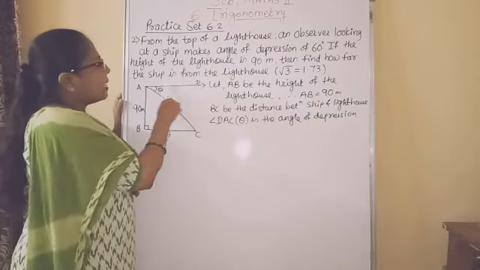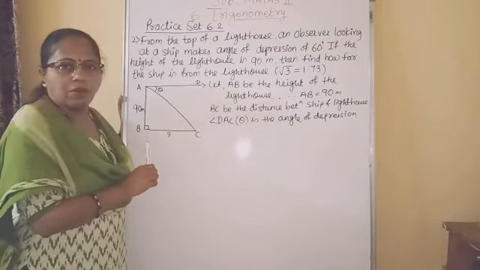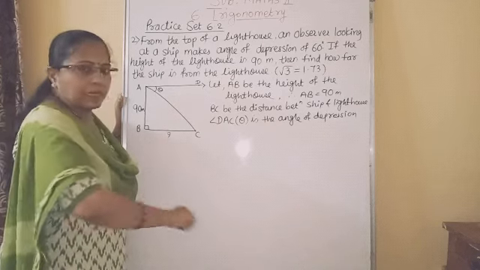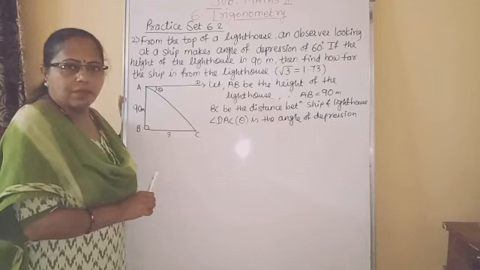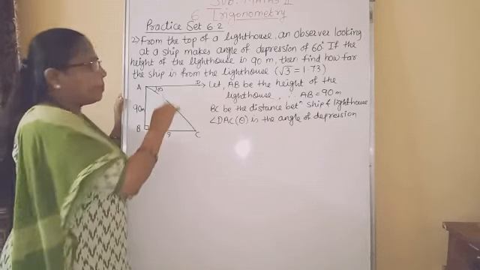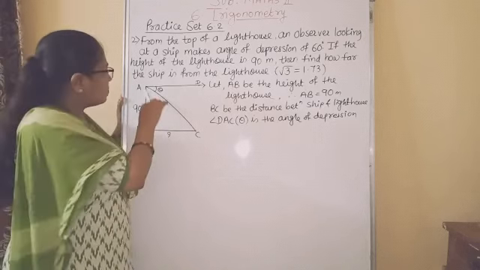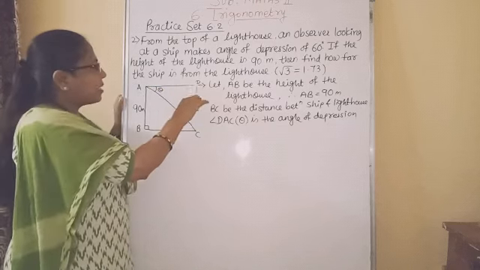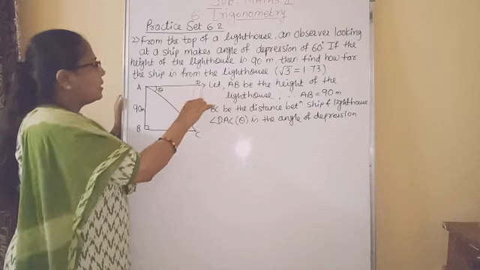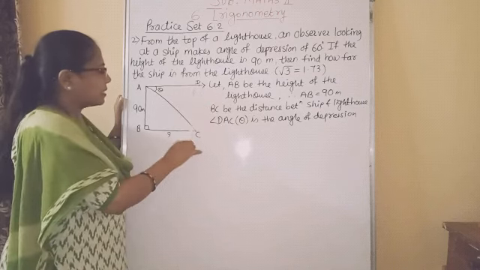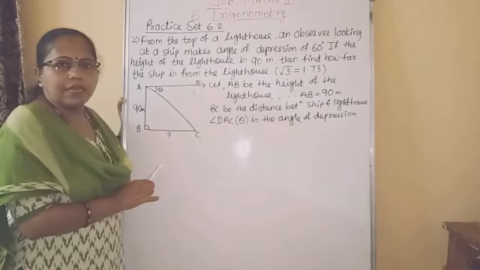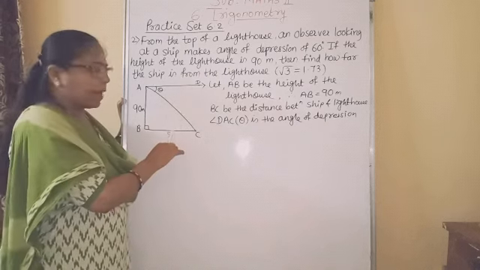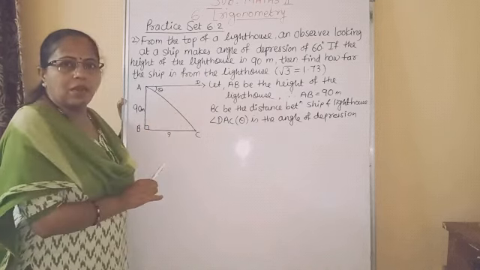Okay. Now see, AD is the horizontal line of vision of the observer. And BC is the horizontal line. So this AD and BC are parallel to each other. And let AC be their transversal. So we will get an alternate angles pair, DAC and ACB. And as we know, when two lines are parallel, then alternate angles are congruent.